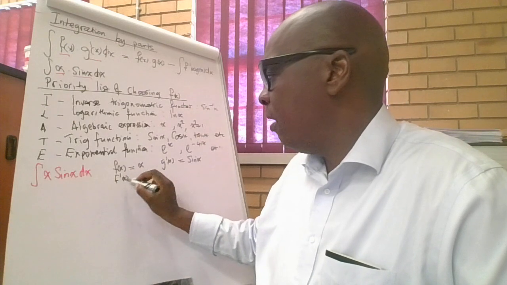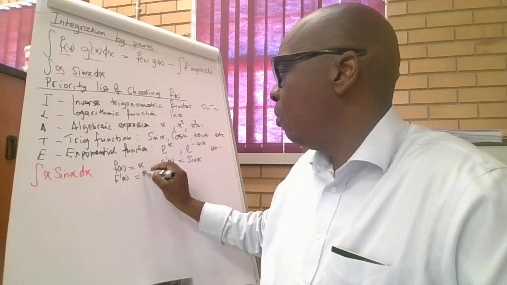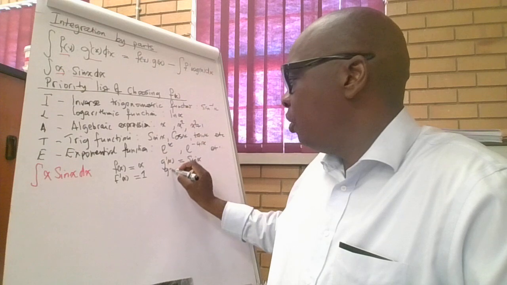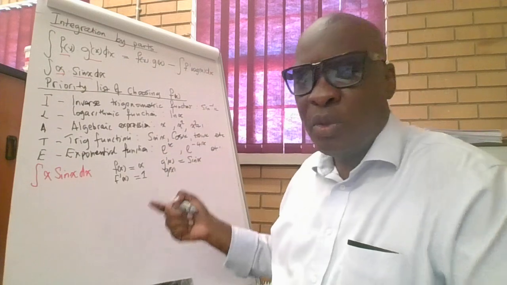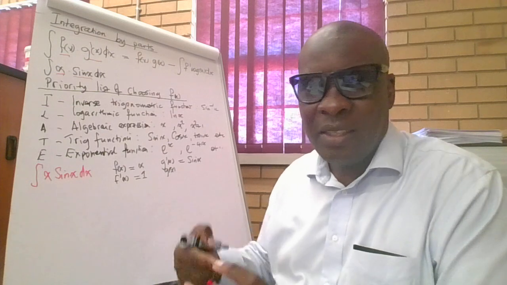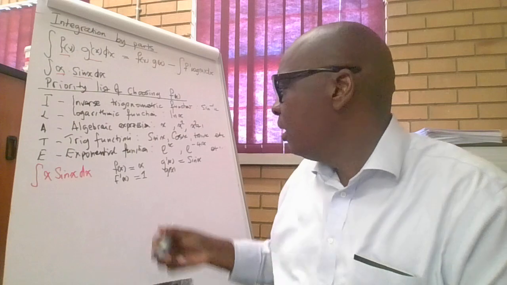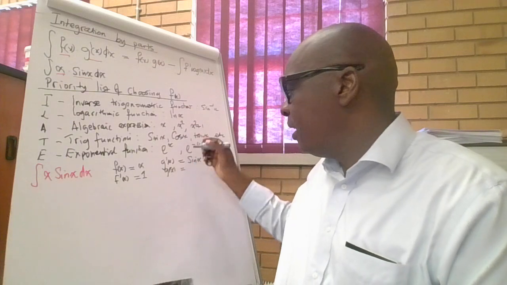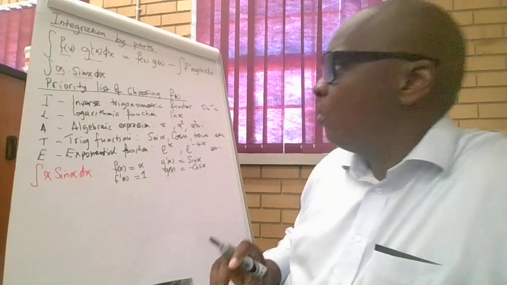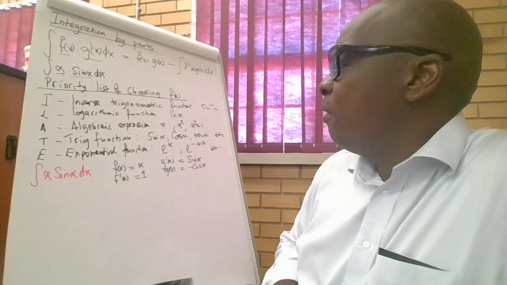In this case, I'm differentiating x and I get 1. And then g prime is already a derivative, so for me to reverse the derivative to the original function, I ought to integrate. So if I integrate sine x, I'll get minus cos x. So right now I have all the things that I need to put in the formula.